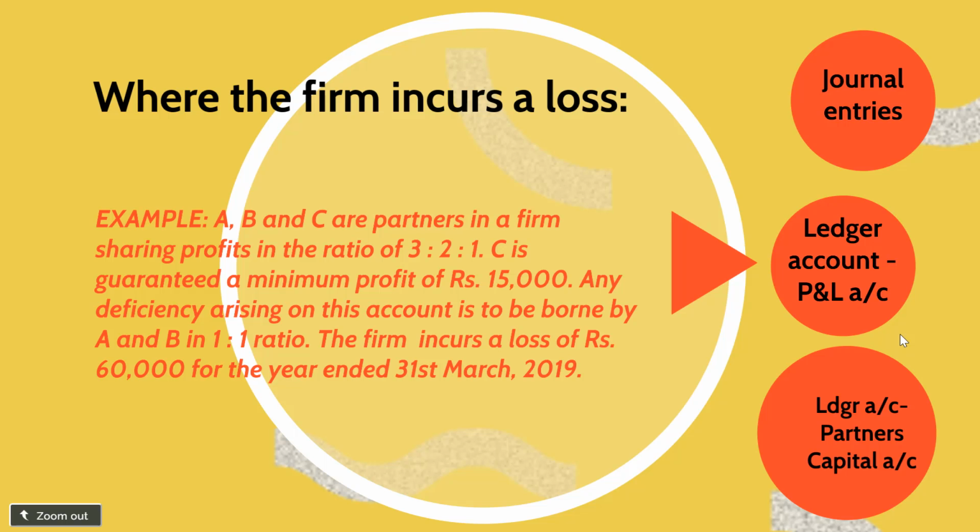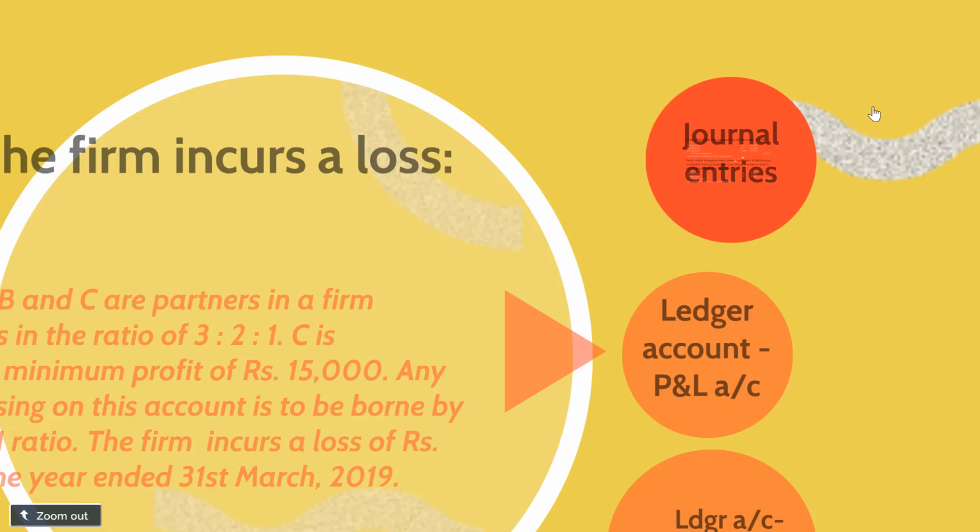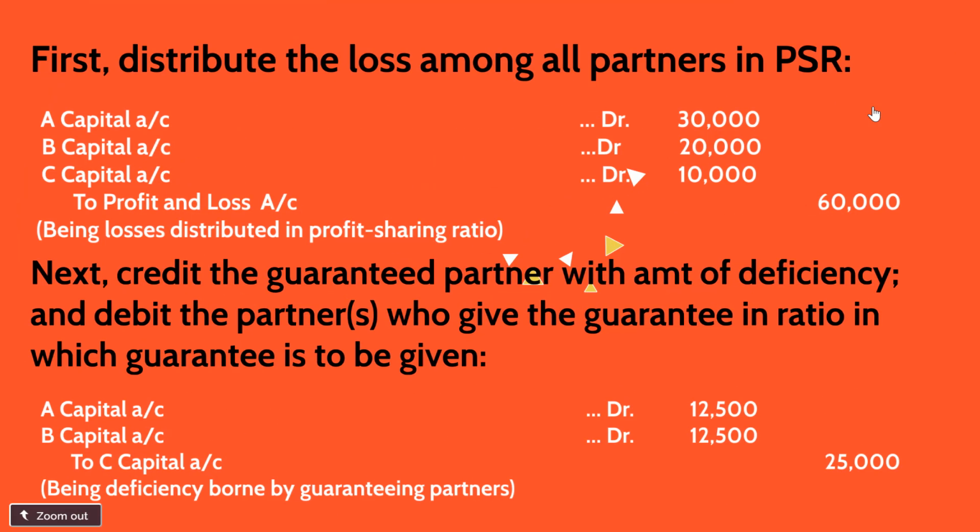So let's have a look at the journal entries that need to be passed in this case. The first entry is to distribute the loss among all the partners in their profit sharing ratio.